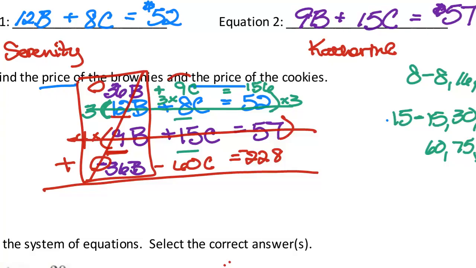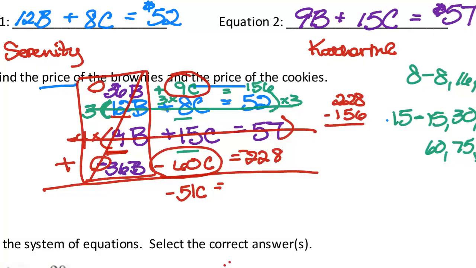Then you're going to add the 9C and negative 60C. 9 and negative 60 is going to be negative 51C. And how about negative 228 and 156? They're different signs, so I'm going to subtract.